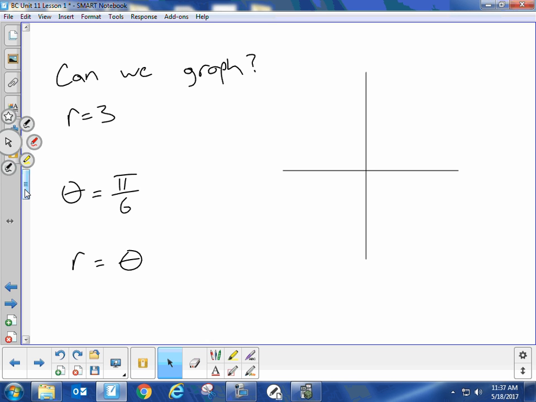The first two, you should be able to get. See if you can get the last one. Then go ahead and graph the last one using your calculator if you give up.